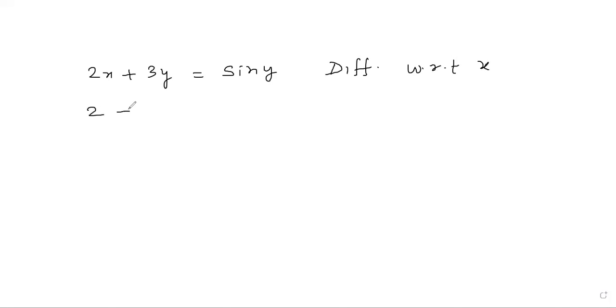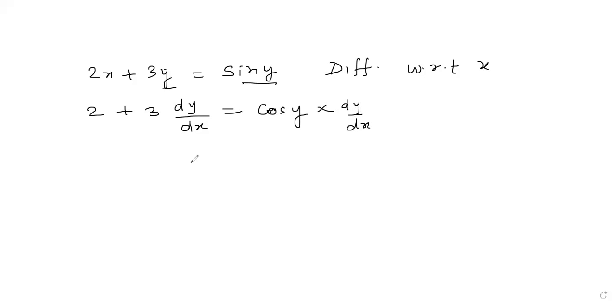Next example, suppose we are given 2x plus 3y equal to sin y. If we differentiate with respect to x, this will become 2, this will become 3, but dy by dx will appear because this is a function of y, so it will become cos y times dy by dx.